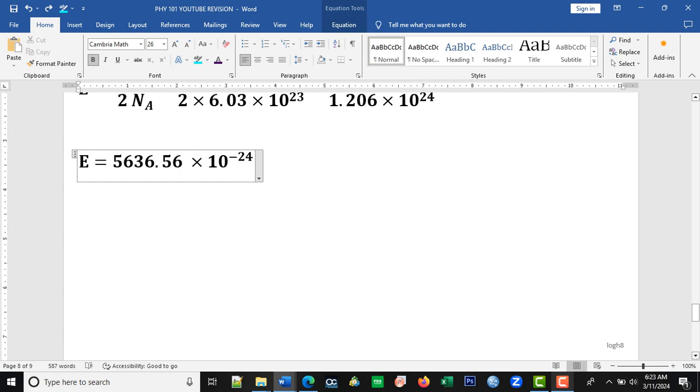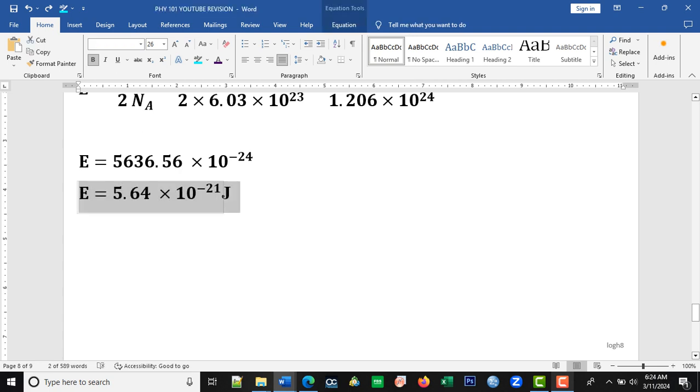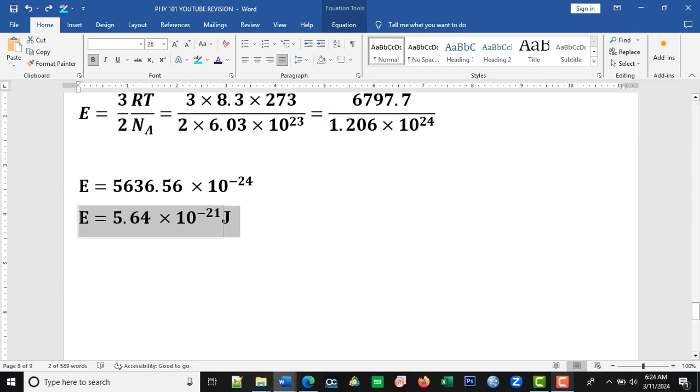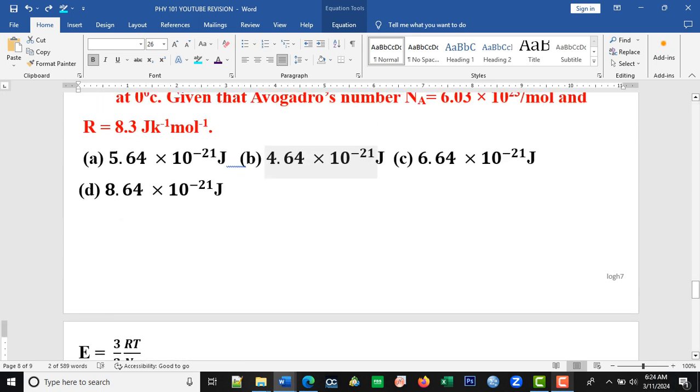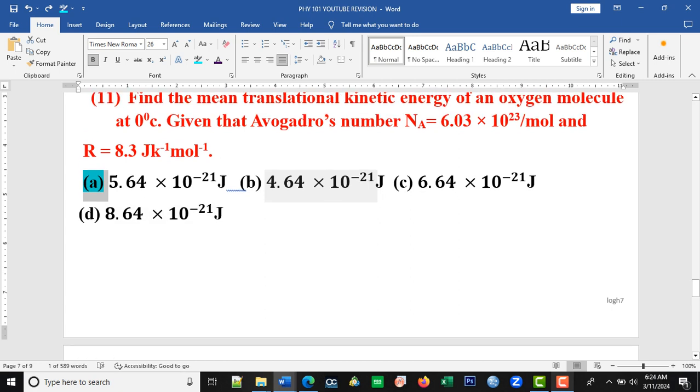Of course, it will affect this index, which is minus 24, and will reduce to minus 21. 5.64 times 10 to the power minus 21. If you check the options, you see the correct option here, option A.